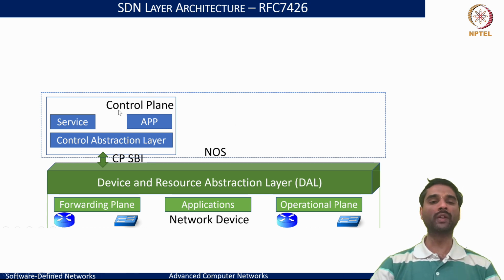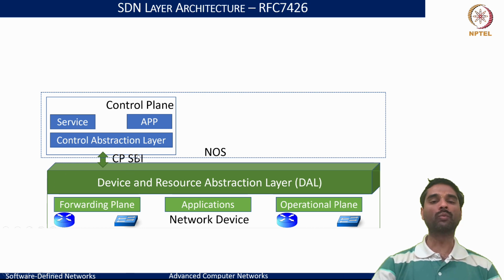And this control plane consists of the service layer in terms of what key services this control plane is going to provide, and the control plane applications themselves, and both can leverage what we call the control abstraction layer, in a way that you are trying to build the module that is able to make the communications for the respective southbound interface.